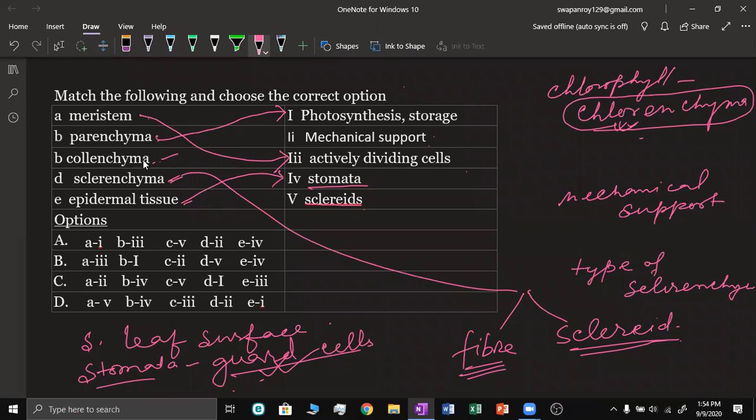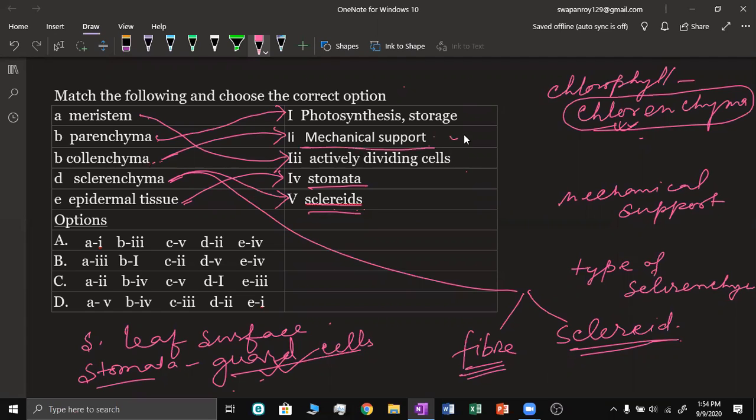Now here you should have confusion about mechanical or sclerid. Sclerenchyma cannot fit with sclerid. Sclerenchyma is not sclerid. So here we will match sclerid with this, and Sclerenchyma we will match with the mechanical tissue.